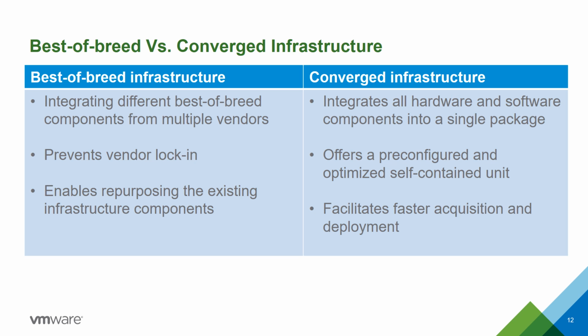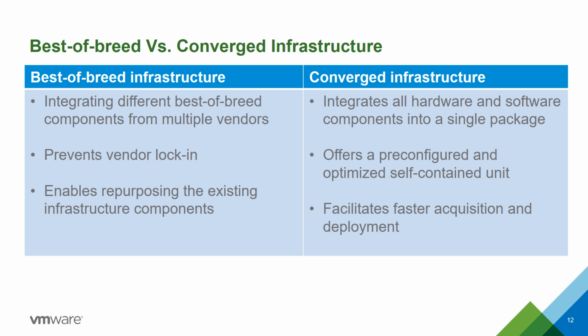But otherwise, converged infrastructure has its own disadvantage also. You always have this vendor lock-in, because in a converged infrastructure, you don't have a choice to pick in terms of the compute, network, virtualization, or storage. Like it or not, you may have to go for Dell servers. Like it or not, you may have to go for Cisco. Like it or not, you may have to go for EMC, because that's how it is.